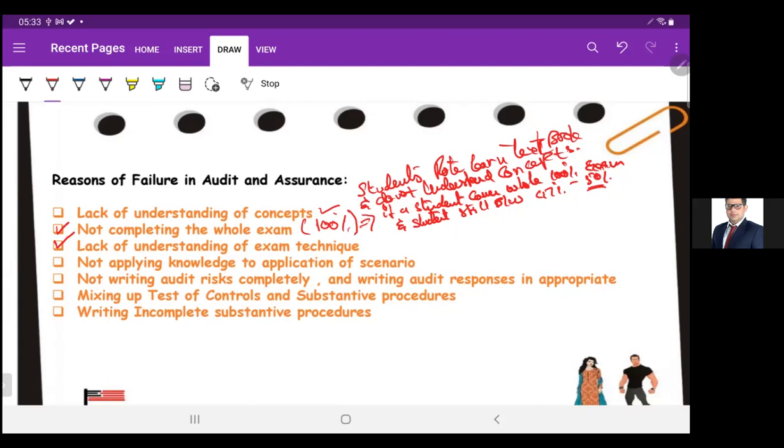Many students know the textbook part, but they don't know how to write audit risk in the exam, how to connect with the scenario, how to write the substantive procedures in the exam, how to write tests of controls and their objectives in the exam.